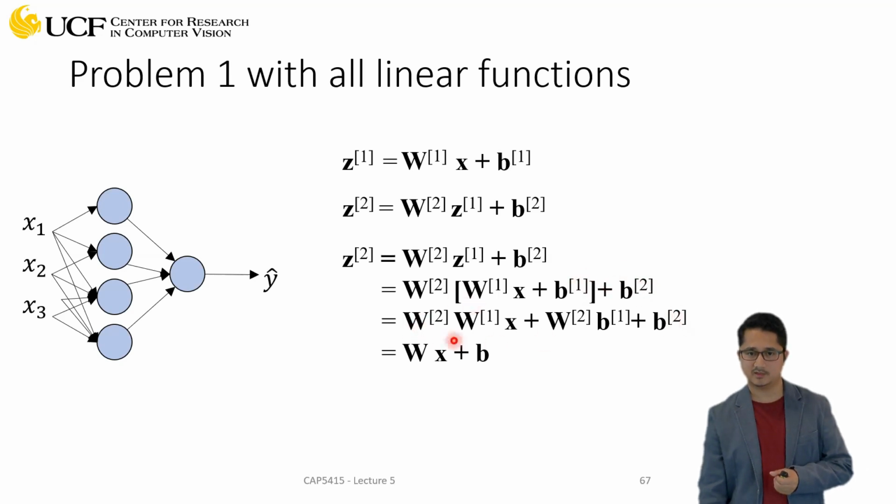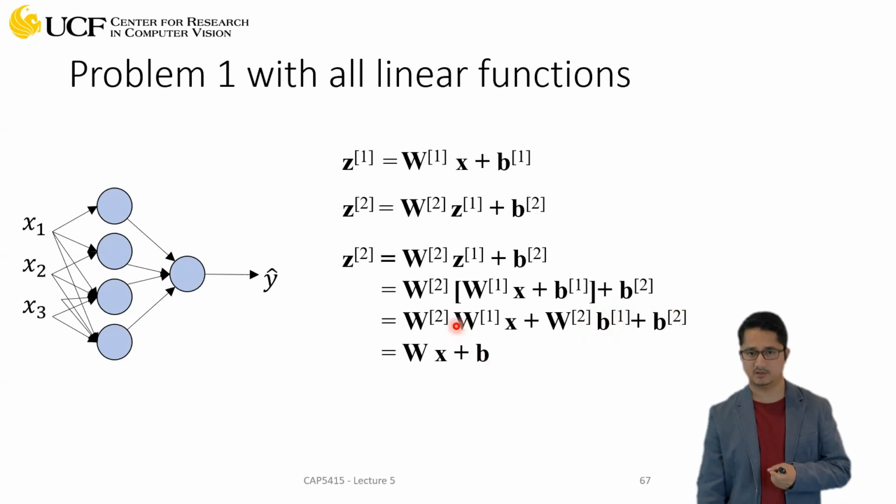Now, if you multiply these two matrices, that's again going to be some matrix, right? These are weights. And if you multiply this, this is again going to give you just a column vector. And if you add that column vector to this column vector, again it's going to be some vector, which will be a column vector.